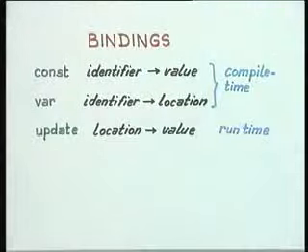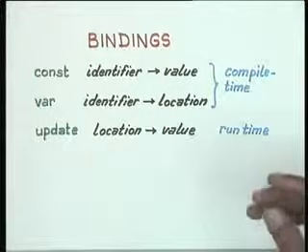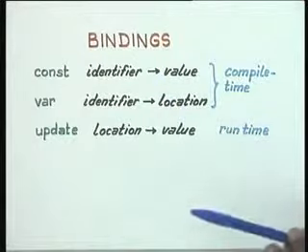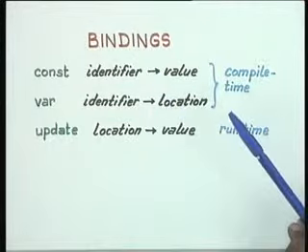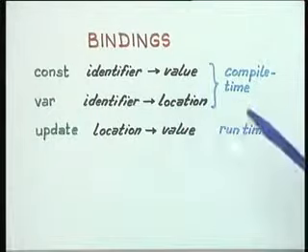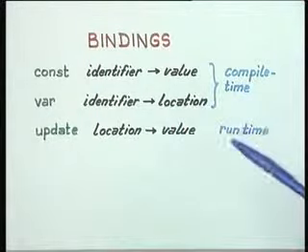Lastly, let's look at these various kinds of bindings from an implementation viewpoint. You can have these constant and variable bindings. Some of them are compile time, some of them are runtime. Mostly in languages which believe in static type checking, or at least which allow the facility of static type checking, you try to do the bindings as early as possible at compile time. In many other languages you actually do it at runtime.